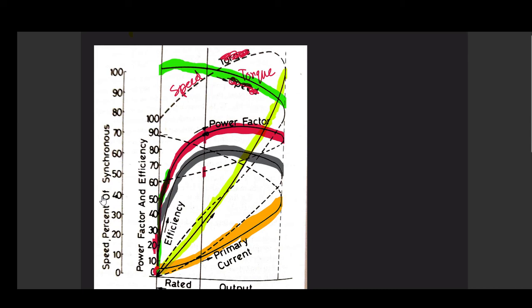Until your copper wire starts dissipating enormous energy, it will always be in the stable region, because its efficiency in the normal region is very high.